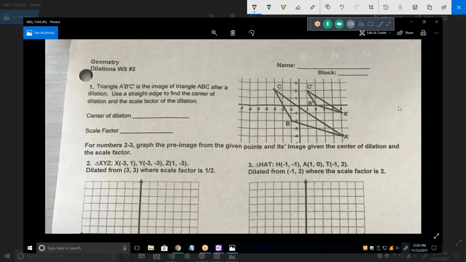Well, if I take the length of that line, I'm going down 4, right 2. If I take the length of that line, I'm going down 2, right 1. So there's a 2 to 1 relationship there.